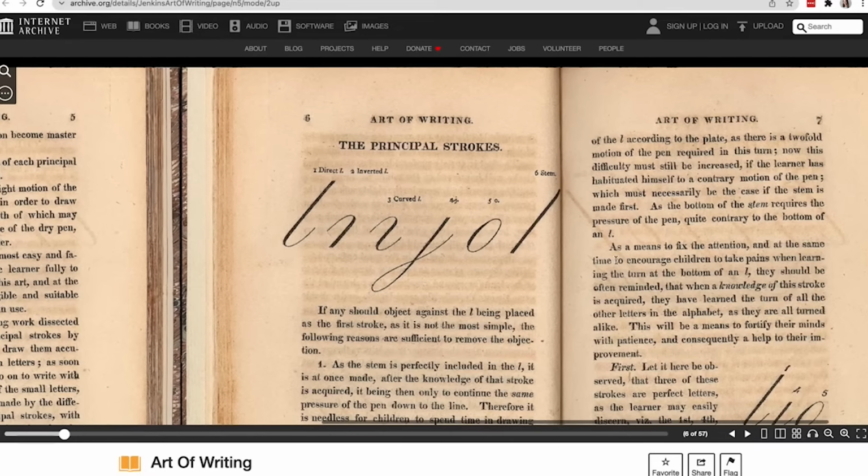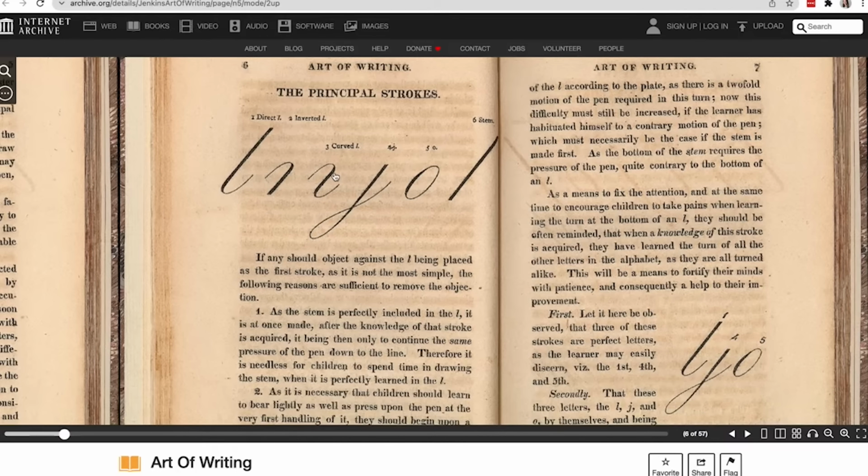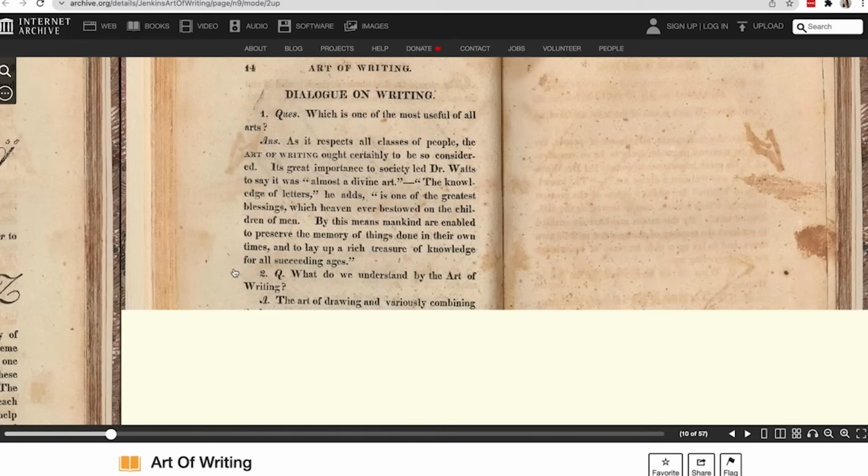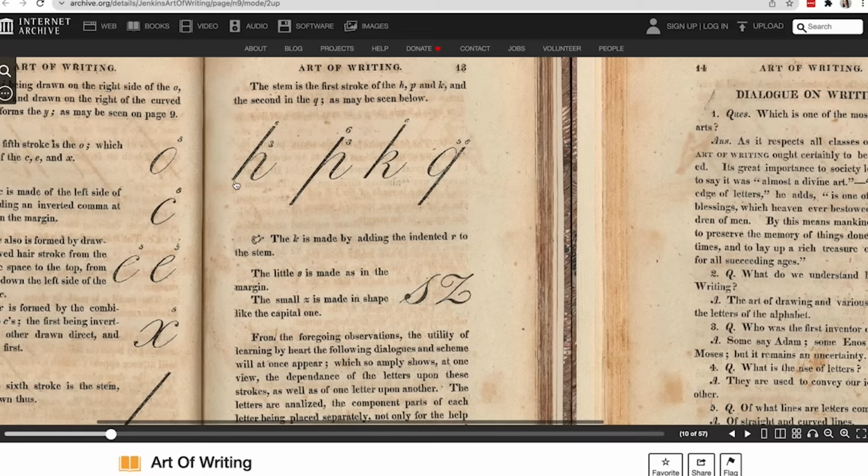Now here I thought it was interesting too, that there was no ascending loop. They have the descending loop for the J, but then I was looking at the next couple pages where the letters are formed, and the letters where we usually use the ascending loop, like, let's see if we can find one, like H, instead they're just using a straight stem here.